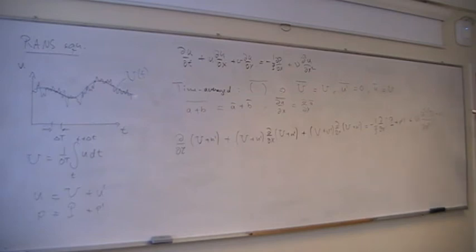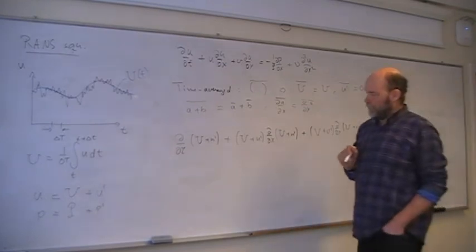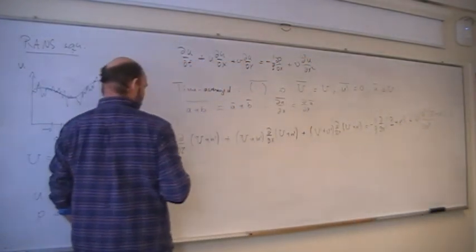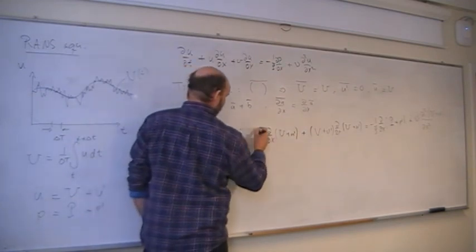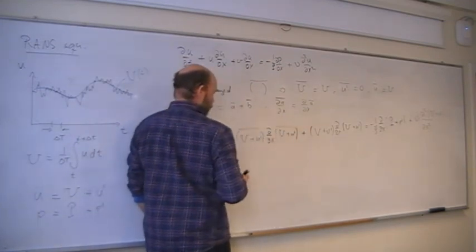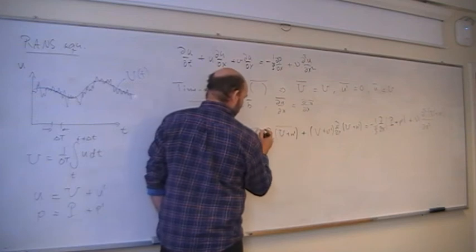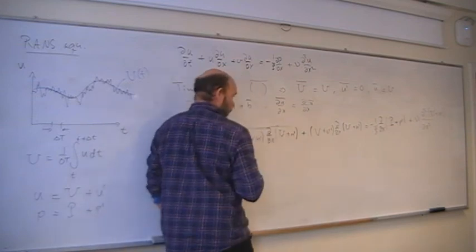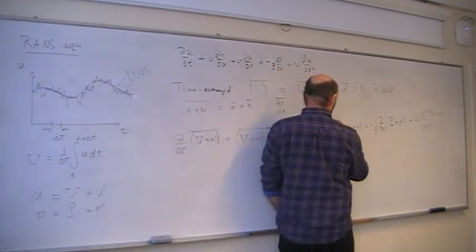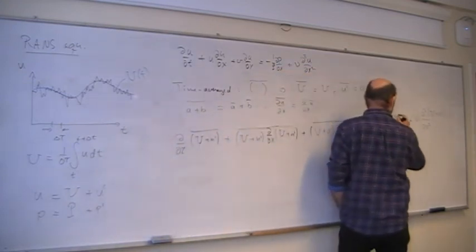And then you take a bar over the entire equation, which is the same as taking the bar over the separate terms, which is the same as taking a bar over whatever is inside your equation system. But here we have to be careful. This one, we have to actually do it like this. And also this one. Here, not a problem.